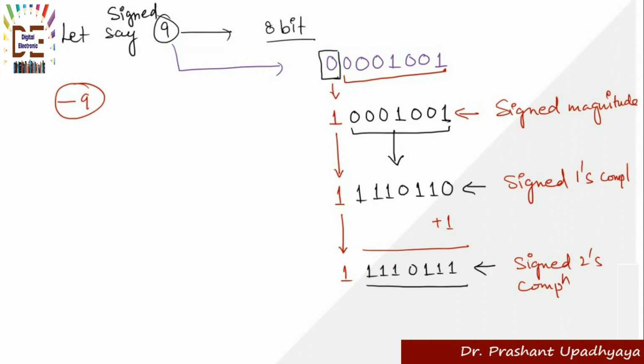But when we talk about minus 9, the negative of a number, we can represent the negative number in three formats. As you can see, sign magnitude, signed 1's complement and signed 2's complement all have different bits at different positions.